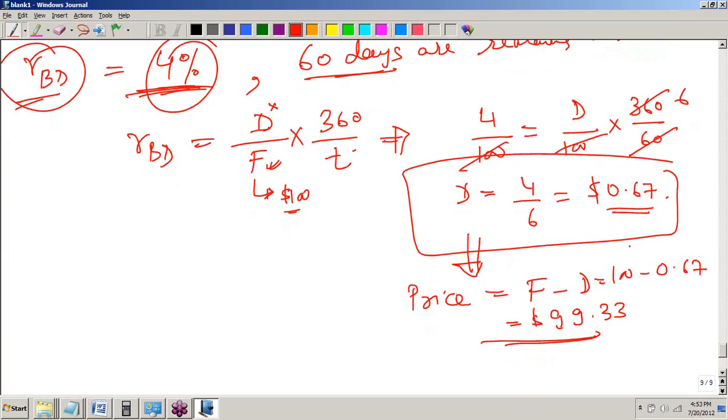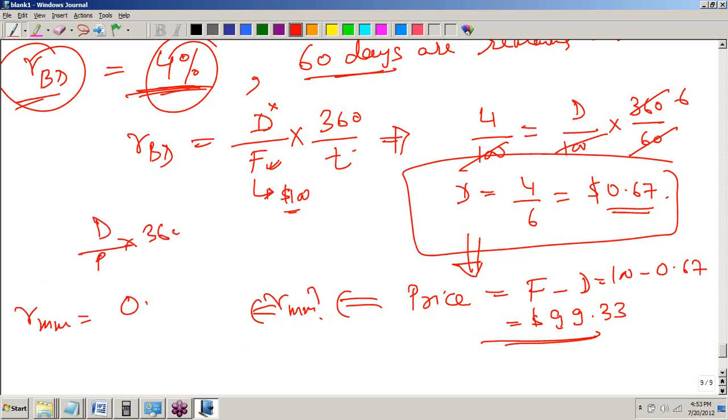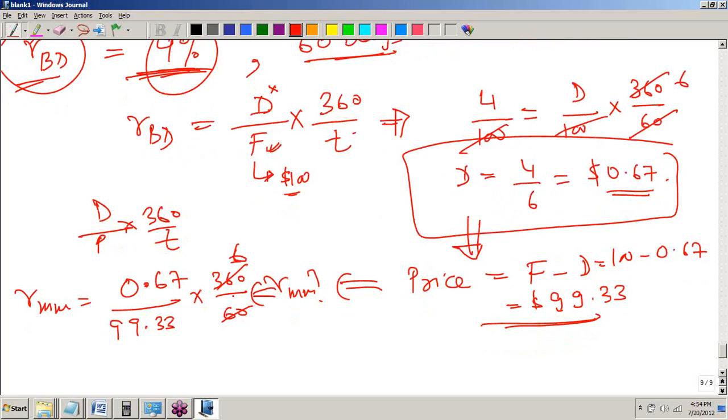Now once you know the discount and the price, can I demand the money market yield from you? Yes, definitely. Your money market yield will be how much? Money market yield is D by P into 360 by T. So it is 0.67 divided by 99.33 into 360 by 60. So this will be 6, right? So this 6 into 0.67 we already know is 4.